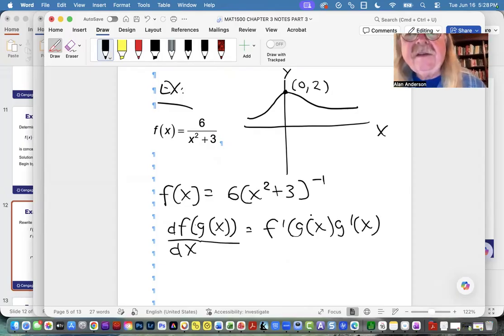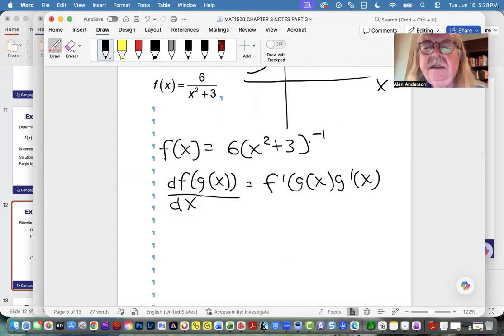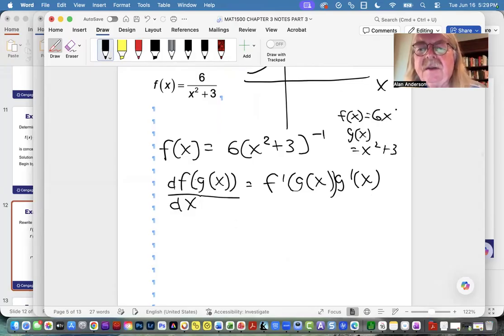If you think of this as g of x, it could be this interior function x squared plus 3, and that would mean that f of x is x to the minus 1. Or we could leave it as 6x to the minus 1. That's probably safer. Okay. All right, let's do that.